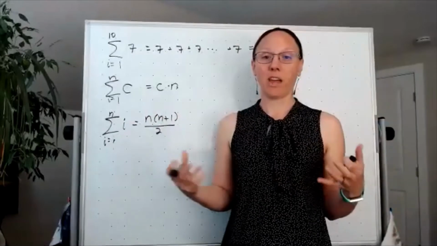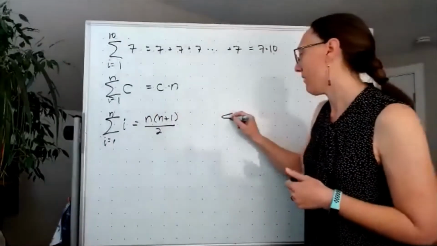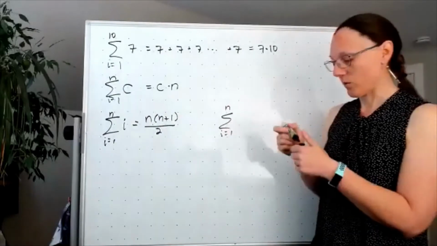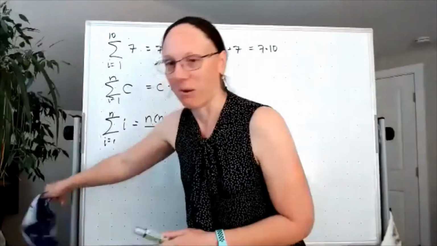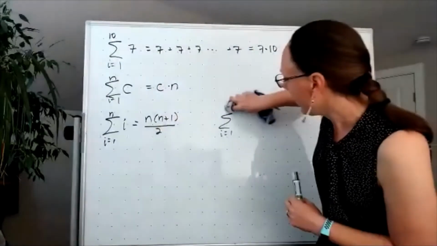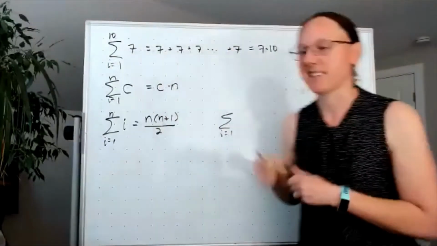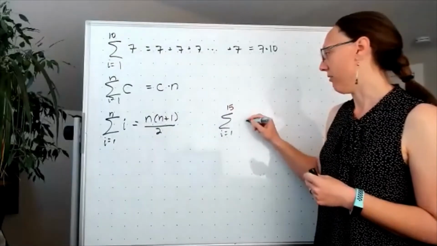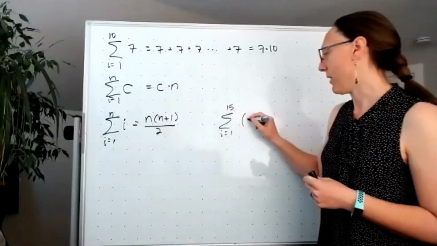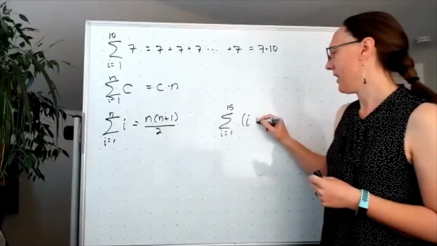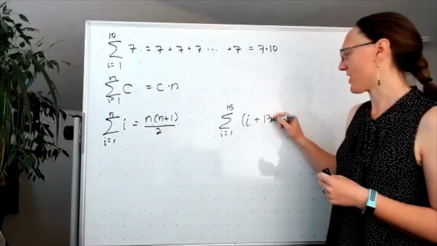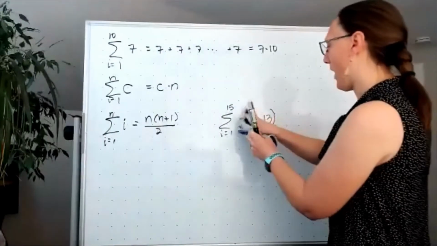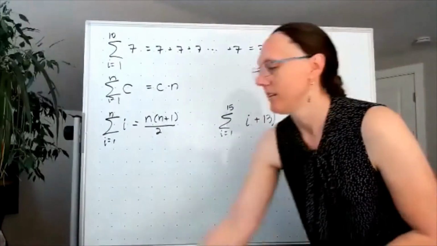So what that might look like as an example, if I had something that looked like I'm going from 1 to n, oh, sorry, let me not go to n in my example here. I'm going from, let's say, 1 to 15 of, let me make this 2i plus 13.